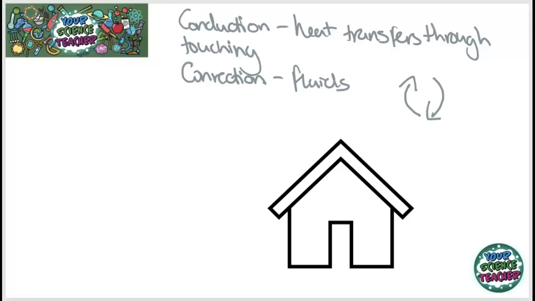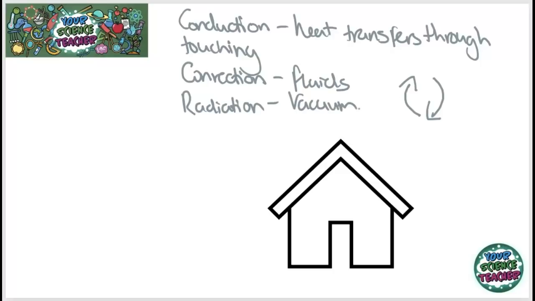And this method of heat transfer happens under the earth. In fact, there are convection currents underneath our earth which cause our tectonic plates to move around. Convection also happens in radiators. That's how your radiators heat up the home. The water gets heated up, it rises up your radiator and then falls back down as it cools down. And then we have radiation, and radiation can travel through even a vacuum.